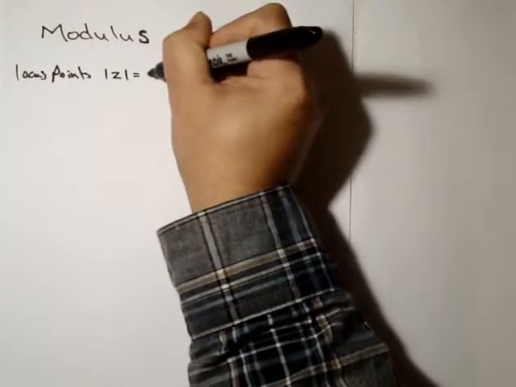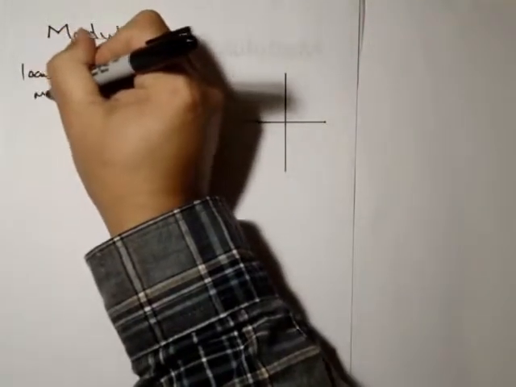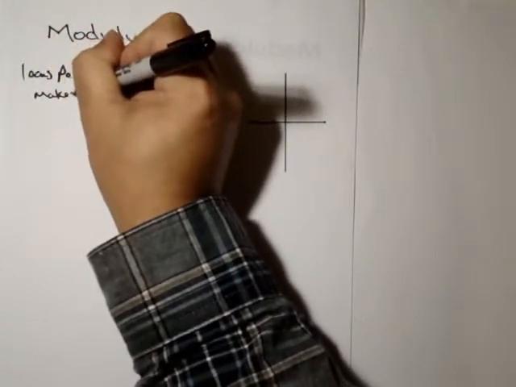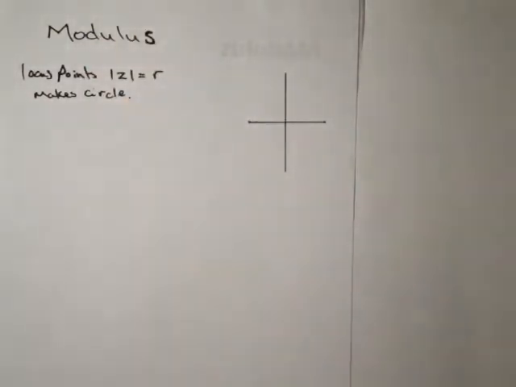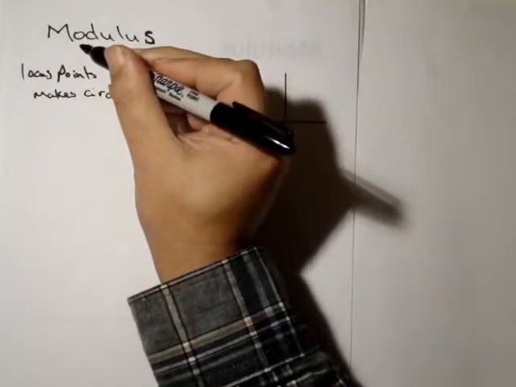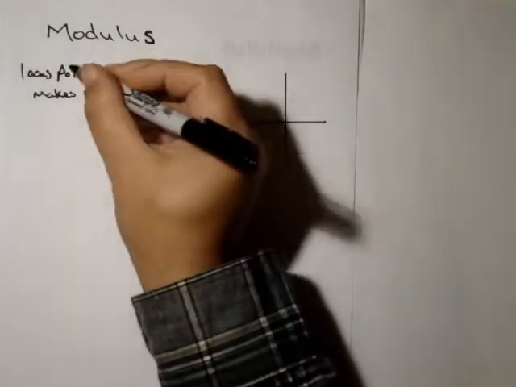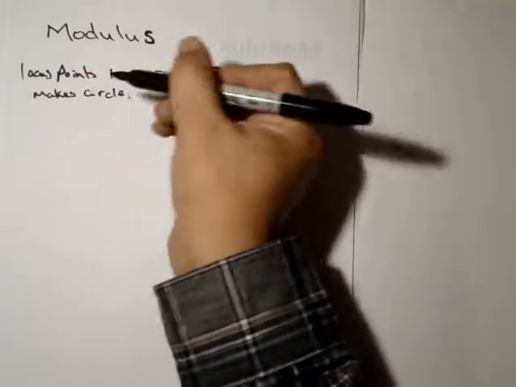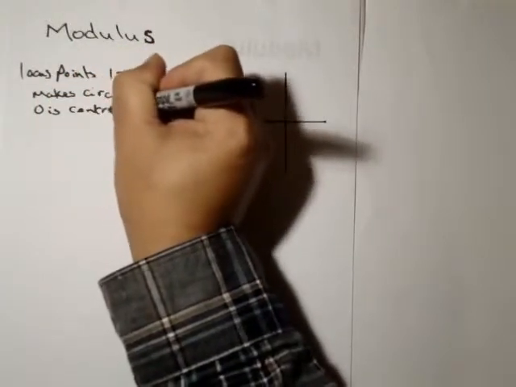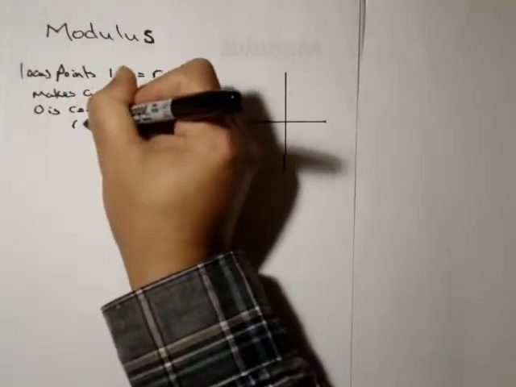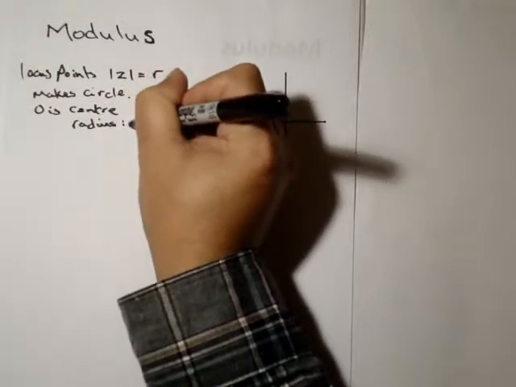If we have a look at the points which satisfy mod z equals r, this forms a circle. This makes a circle with the origin as the center and the radius is r.